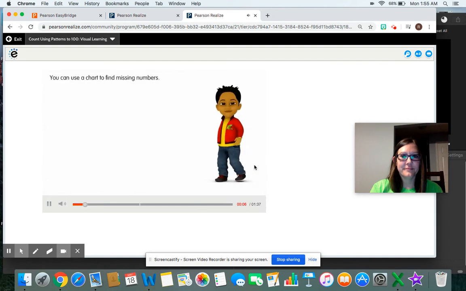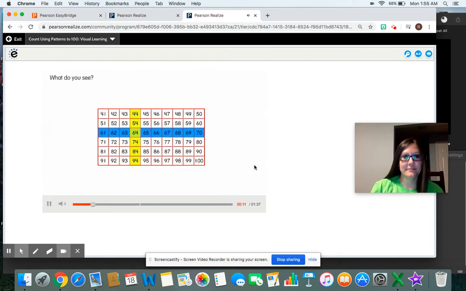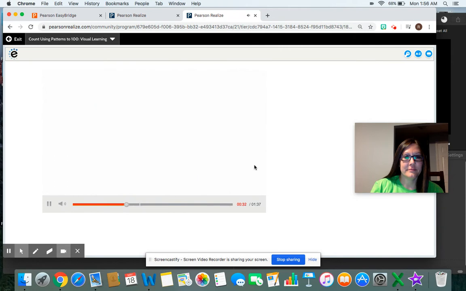You can use a chart to find missing numbers. What do you see? Part of a 100 chart is there. What is this called? It is a row. What is this called? It is a column. A column goes up and down. A row goes across.